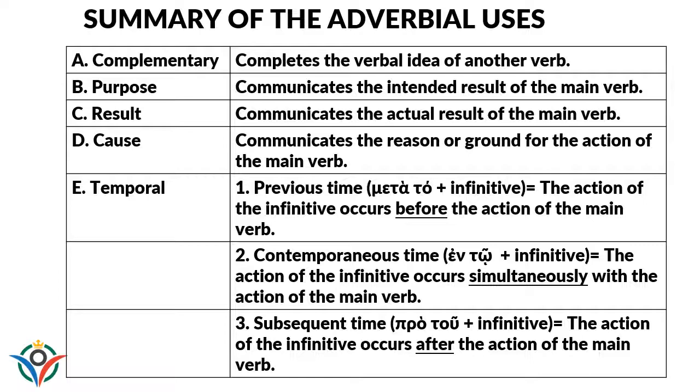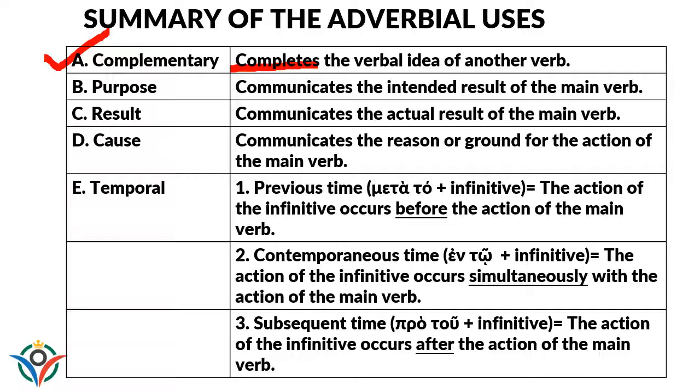Before we move on to the second category, the substantive uses of the infinitive, let's recap and do a summary of the adverbial uses that we've covered so far in this lesson. So the complementary infinitive completes the verbal idea of another verb.